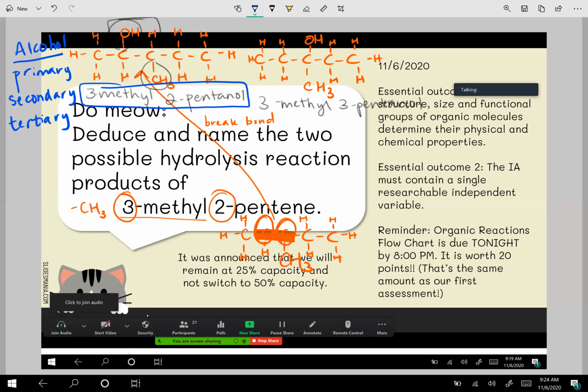So type it into the chat. This first one, 3-methyl 2-pentanol, where there's my OH. Is that primary, secondary, or tertiary? Ooh, and some of you are reading my mind and even saying what I'm going to ask next.